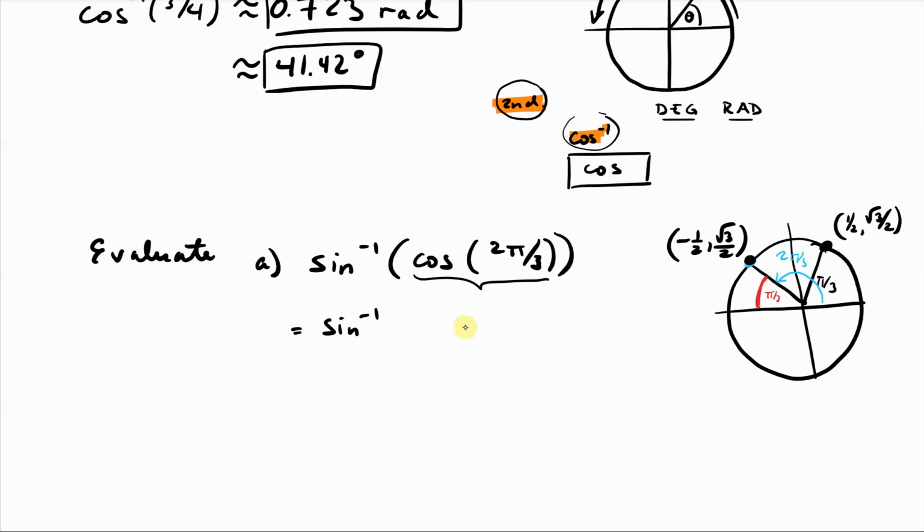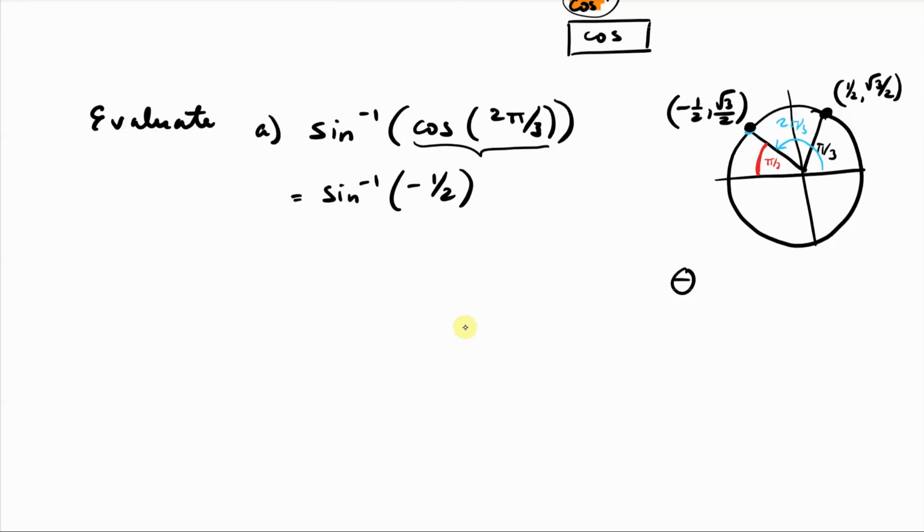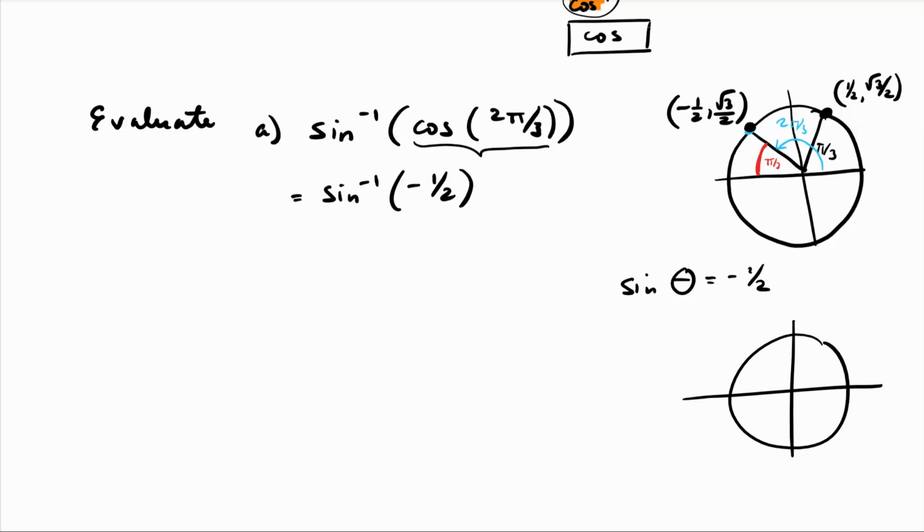So now we've got sine inverse of minus 1/2. We're looking for an angle such that the sine is minus 1/2. Because it's the inverse sine, that angle needs to be between 0 and pi over 2 or between 0 and minus pi over 2. But because the sine is negative, we're in the fourth quadrant.